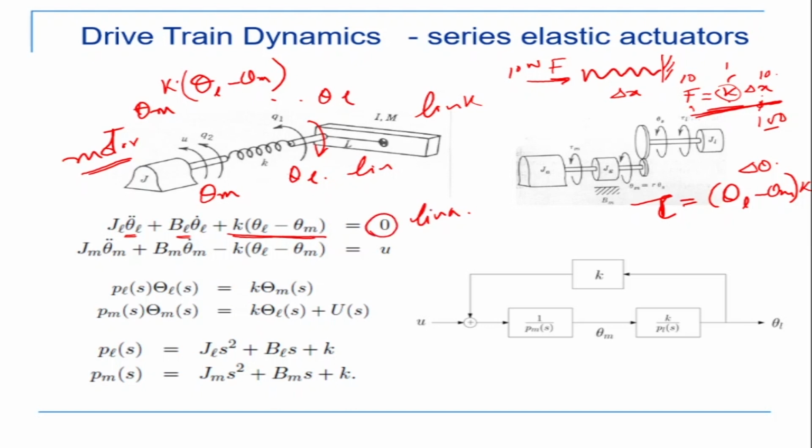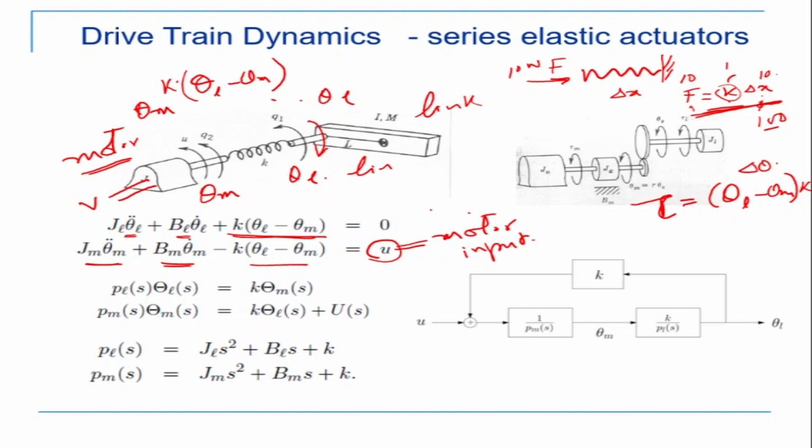Now equal to 0 means this is passive, there is no input on that side, and hence it is not controlled, right? Now if you're looking from the motor side, when the motor rotates, it's motor inertia into acceleration plus damping into velocity minus K into theta L minus theta M is equal to u. This is my motor input. So when you're giving the voltage to the motor, you're giving an input to the motor.